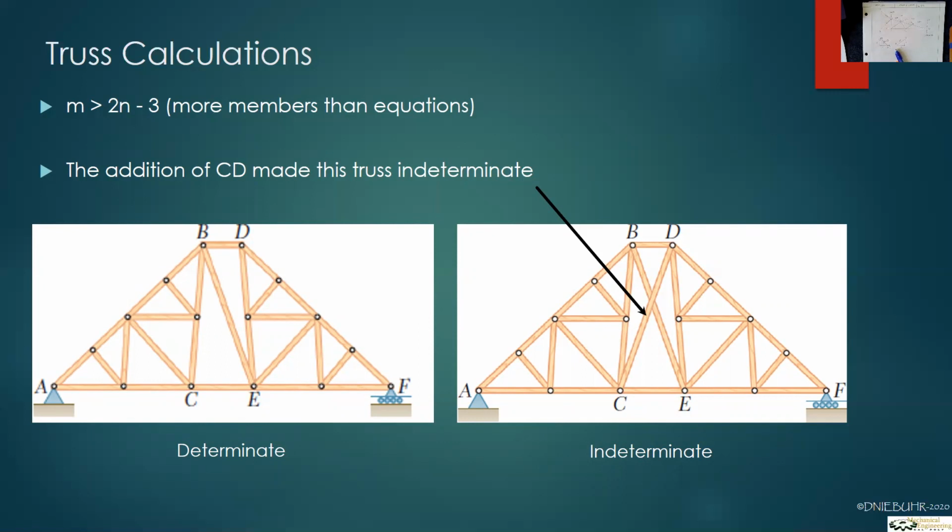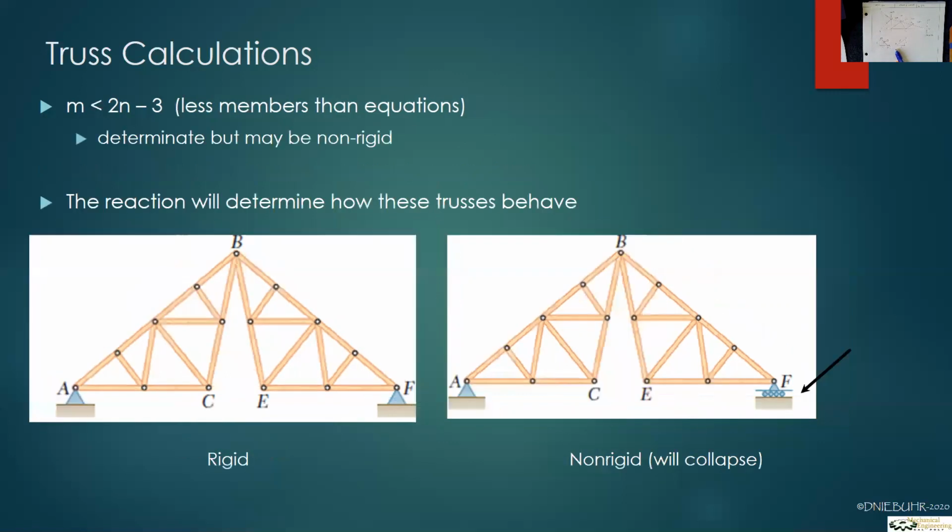Just because it's indeterminate doesn't mean you stop there. It's just that in this course, we don't have the tools with which to solve it. That's something you'll definitely get into if you end up taking a more advanced class in structures, if you're a civil engineer. It just depends on the path you take. But for our class, we're only going to deal with determinate trusses.